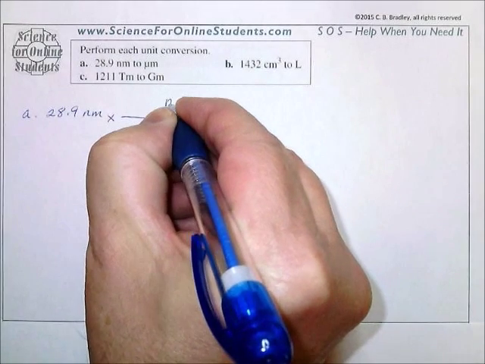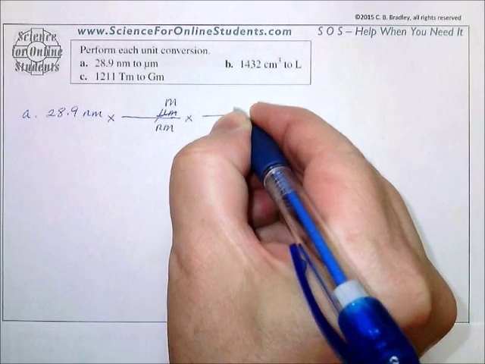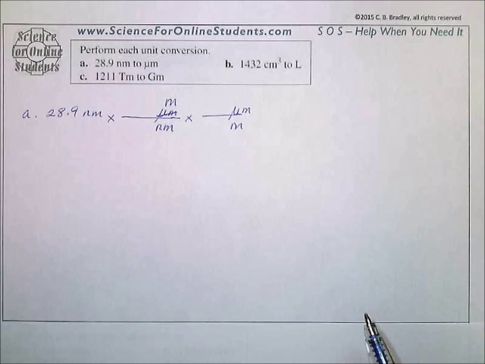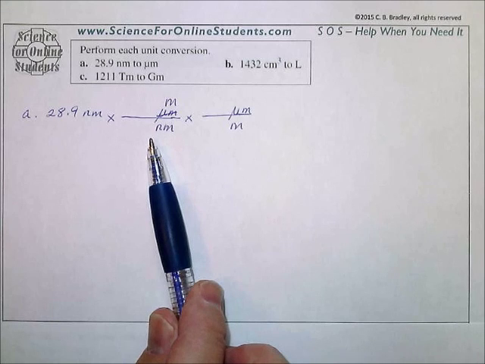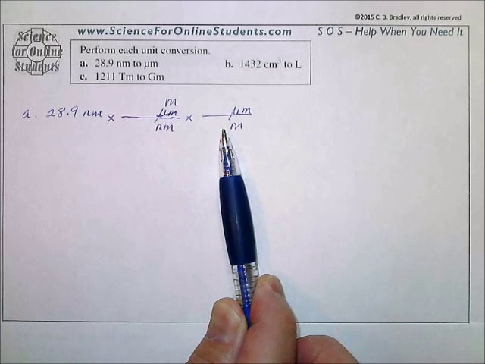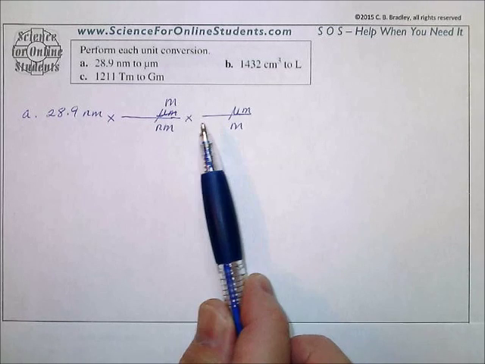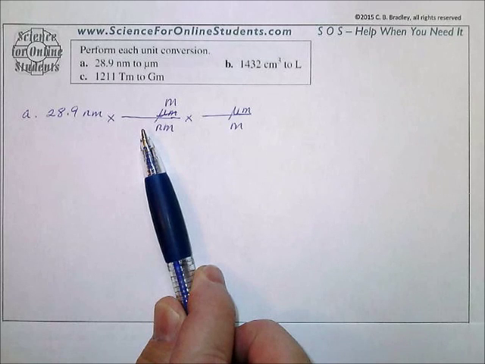Or let's go straight to meters, and then we'll do it again and go from meters to micrometers. If you don't remember the 1 step at this point, you can break it into 2 steps and get the same answer. It's much better to take a few extra seconds and make a few extra keystrokes on the calculator and get the right answer than it is to depend on trying to do it in 1 step and getting the wrong conversion factor or putting something in upside down.